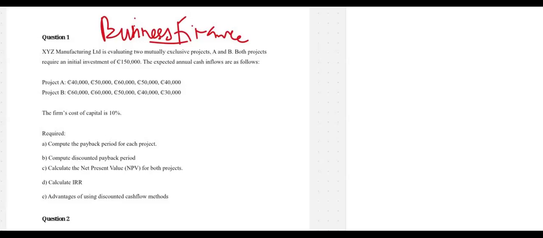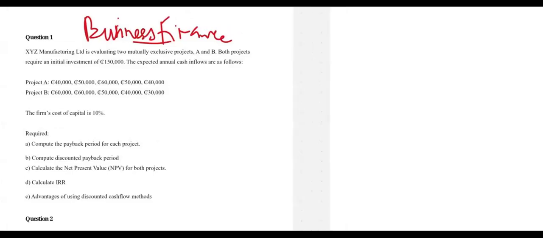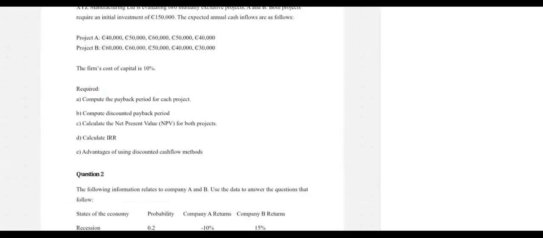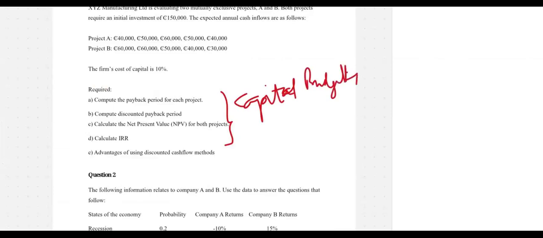Before we start, I have to explain some few concepts. This question, per the requirements, is under a topic called capital budgeting, or investment appraisal.